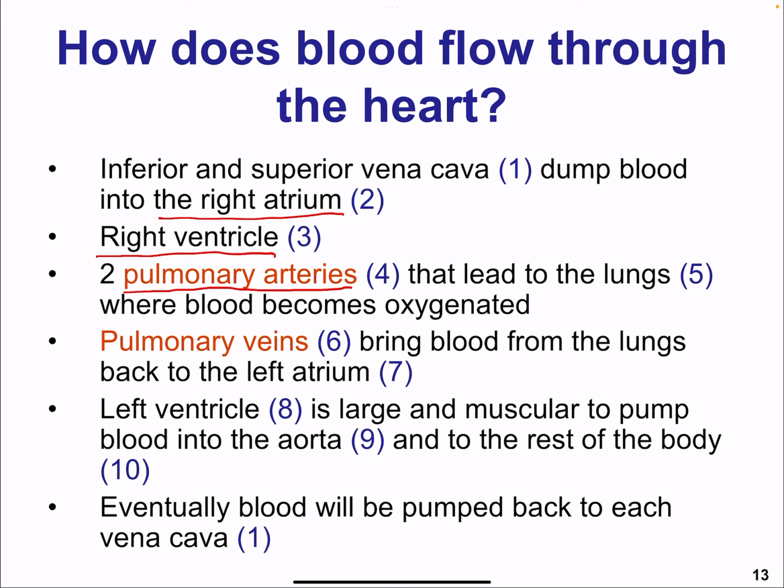Now, these pulmonary arteries are called pulmonary arteries because they carry the blood from the heart, right ventricle, to the lungs. Remember, arteries are any blood vessel that carry blood away from the heart, right? These are the two pulmonary arteries.